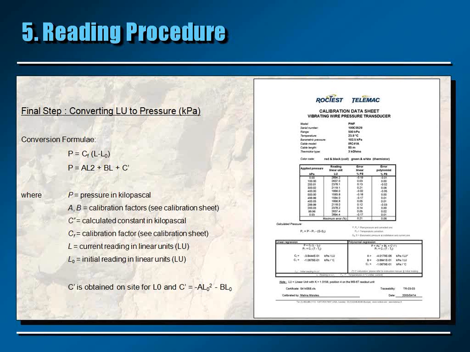These conversion factors are the CF, the A, and B that you see in these two formulas. And you can see that there are two formulas because, as I mentioned earlier, you can use either a linear regression or a polynomial regression. So from the LU reading, you will use these formulas and you will be able to obtain the pressure values.